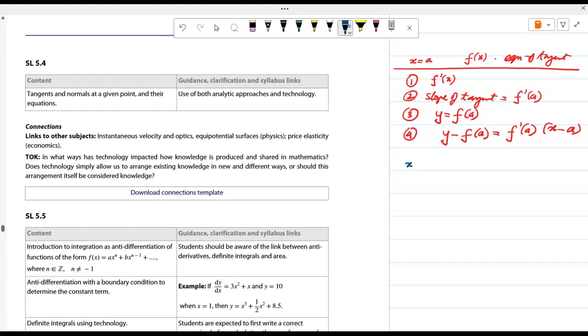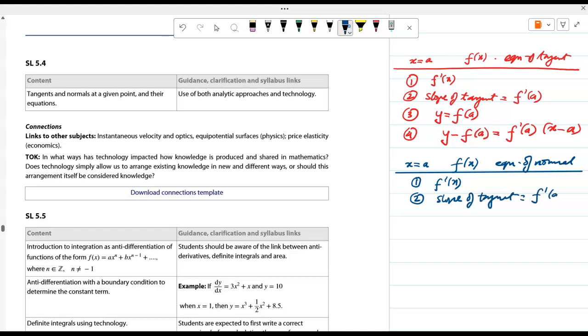Similarly, suppose they give you some value of x and fx, and they want the equation of the normal. You find the tangent slope and then reverse it: negative reciprocal. First step, find f dash x. Second step, the slope of the tangent is f dash a, so the slope of the normal is 1 over minus f dash a.